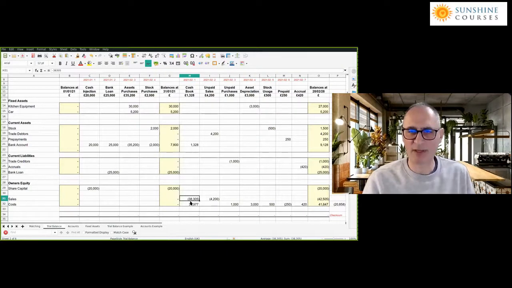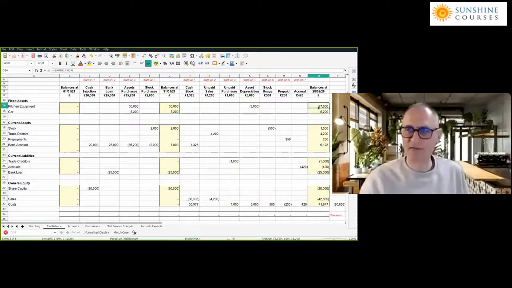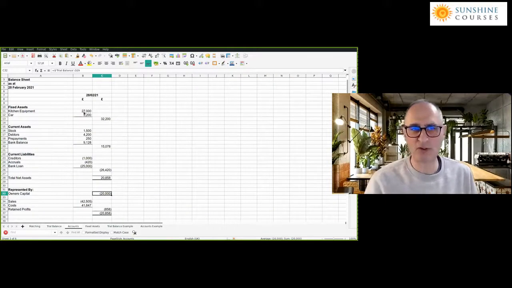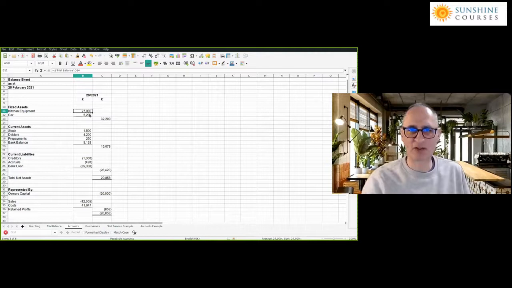I just wanted to revisit something we've discussed beforehand. Now look at these figures: £27,000 of kitchen equipment, £5,000 of car, £9,000 in the bank. I've created a formula to drag these figures straight through to these reformatted balance sheets. And here we've got kitchen equipment of £27,000, car of £5,000, bank balance of £9,000.